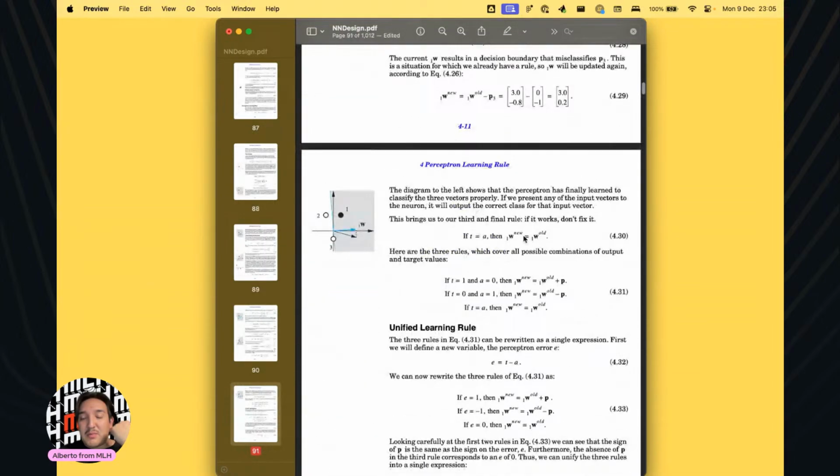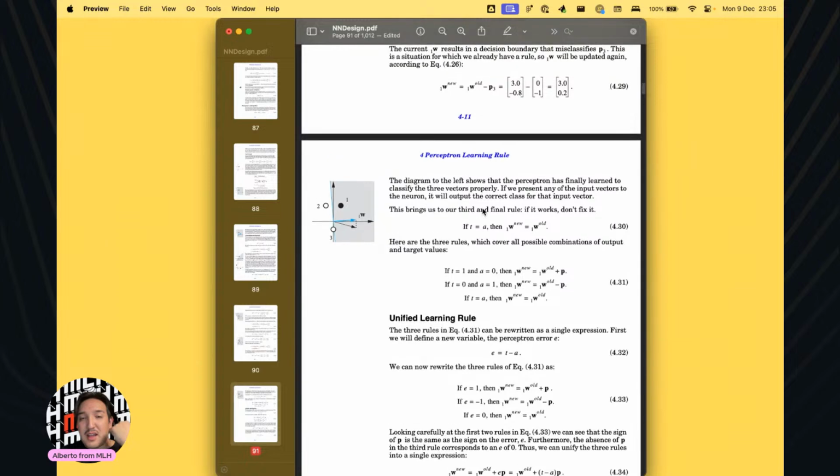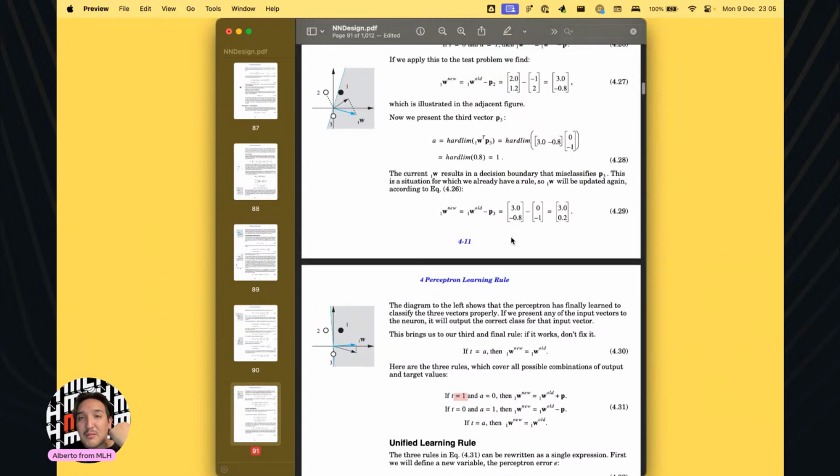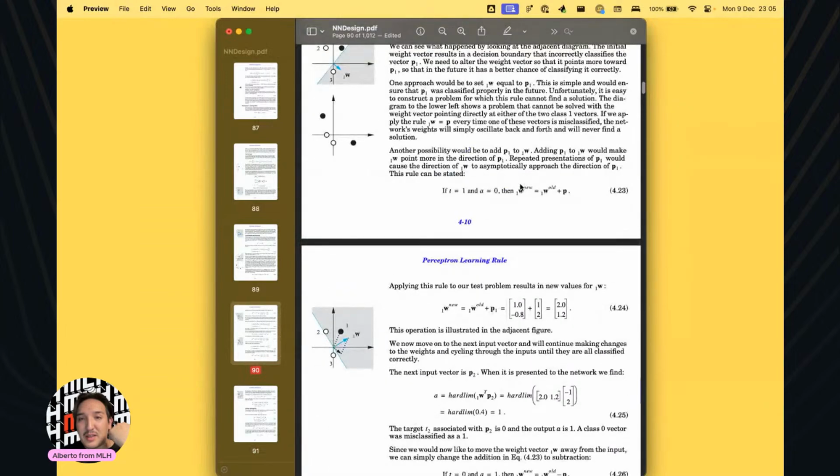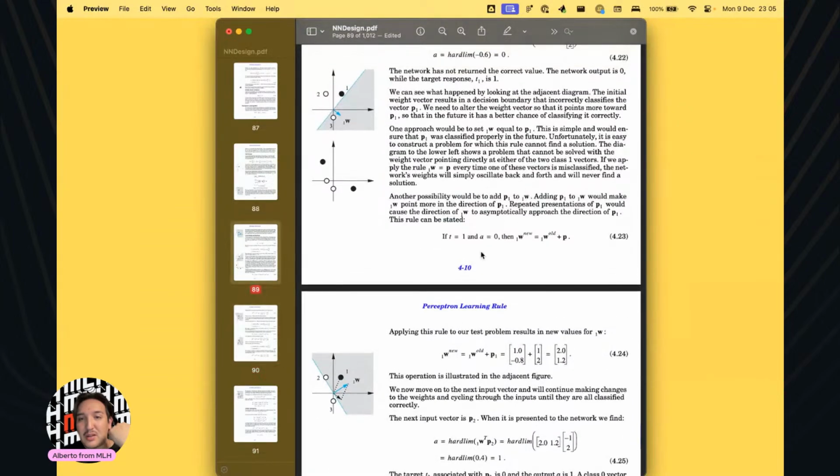I'm going to skip all of this. The things that we will have in mind is that if t, meaning... sorry, I think I skipped it wrong.